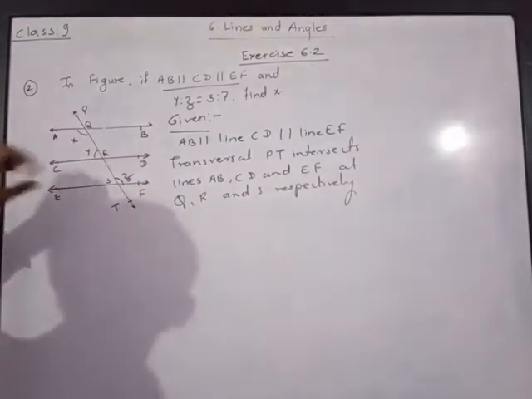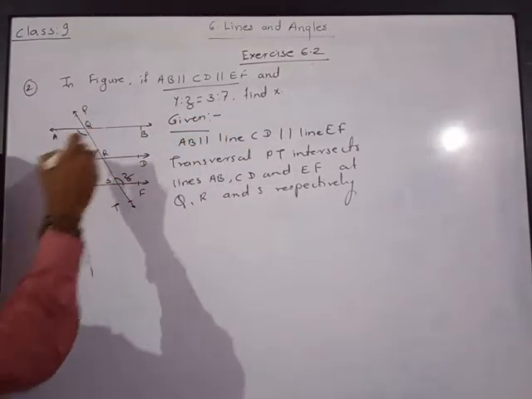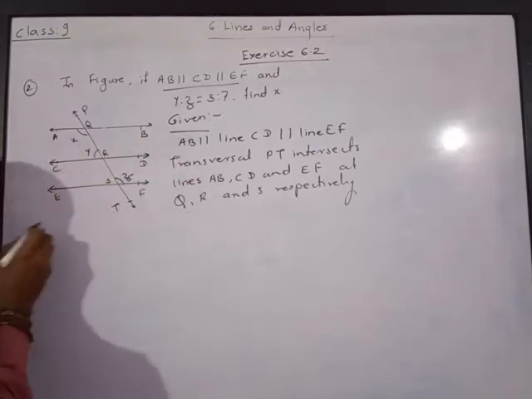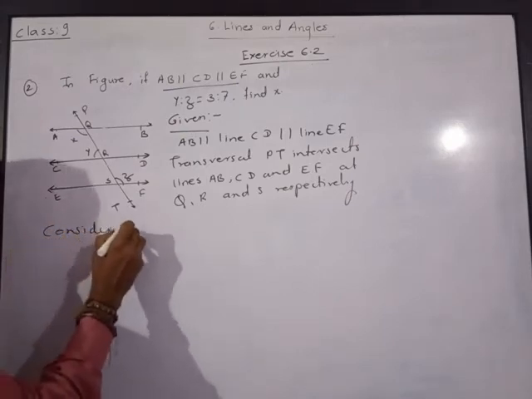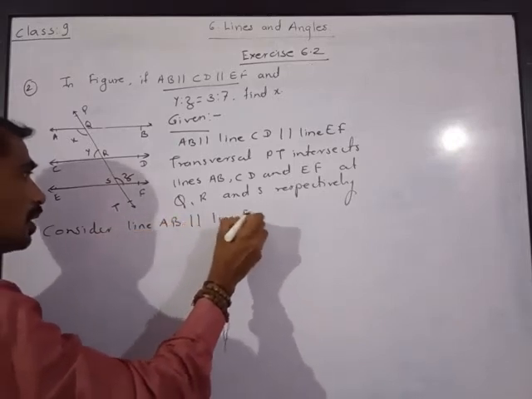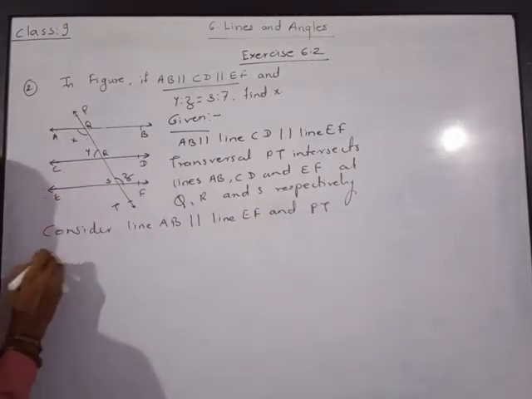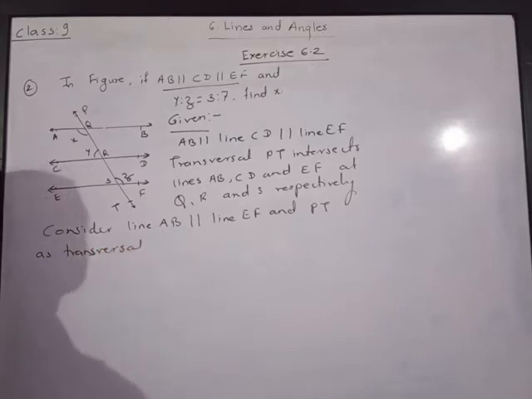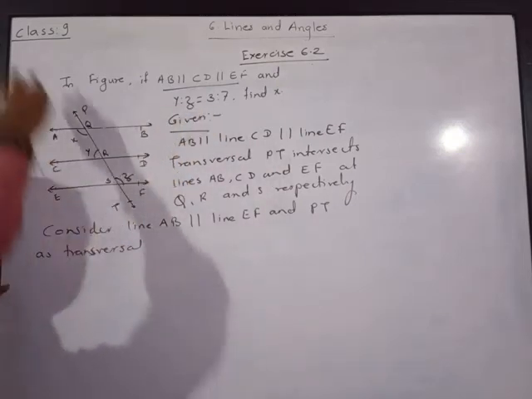Now let us see. We are asked to find the value of x, which means we are asked to find the angle AQR. Please note here, consider line AB parallel to line EF and PT as transversal. Don't look at the line CD; you have to look at AB and EF with PQ as a transversal.